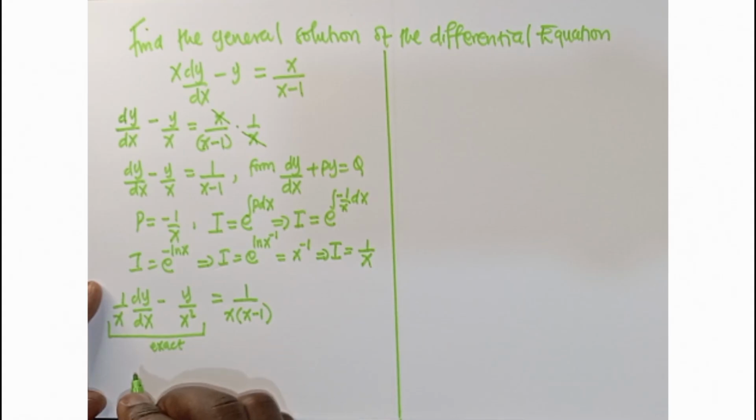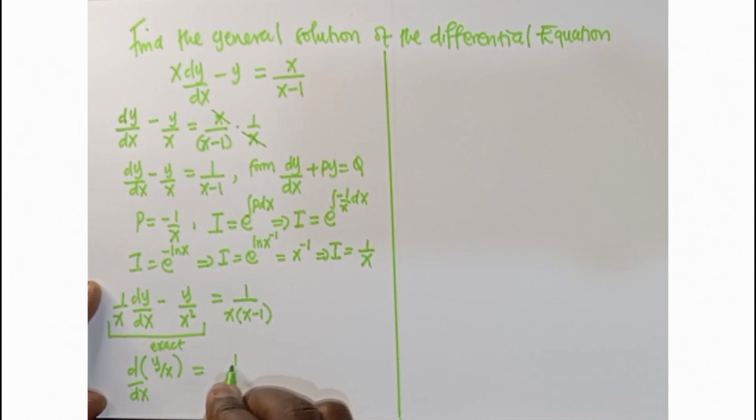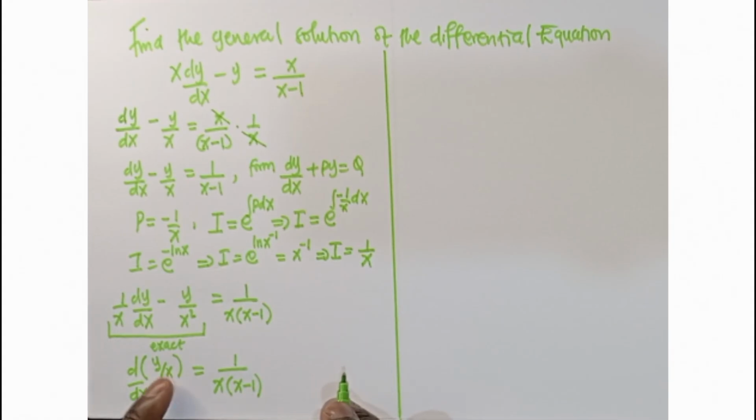So this one came from d of y out of x with respect to x, which is equal to 1 out of x into x minus 1. When you differentiate this, you actually get this.